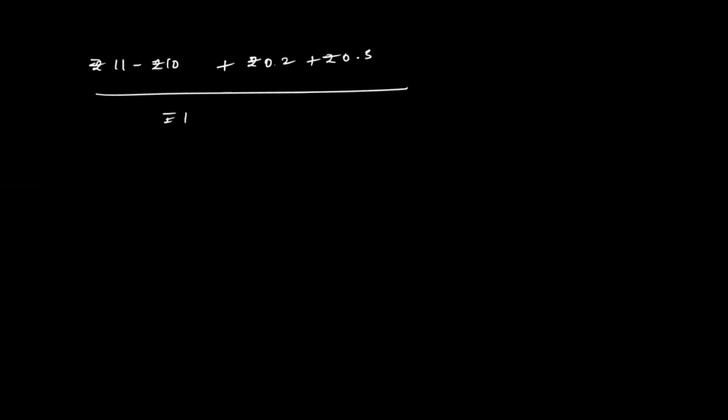So now what did I do? So I have taken rupees 11 minus rupees 10, okay, this is the change in NAV. Then to this I have added rupees 0.2 and I also added rupees 0.3, right? And I divided this entire thing by rupees 10, right? So what are these?